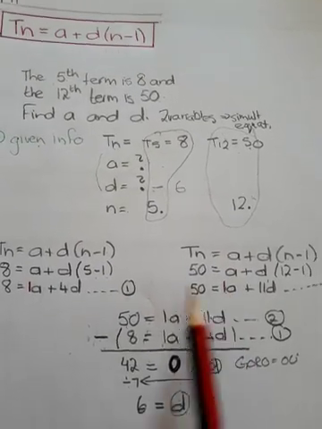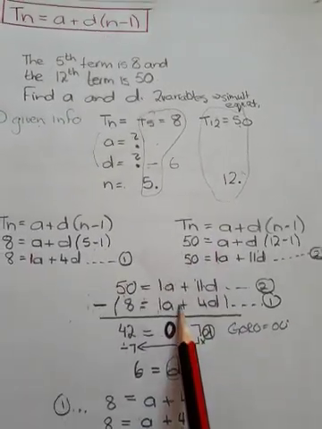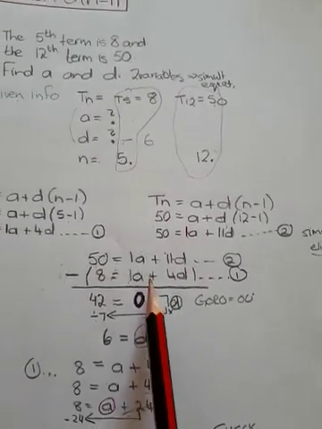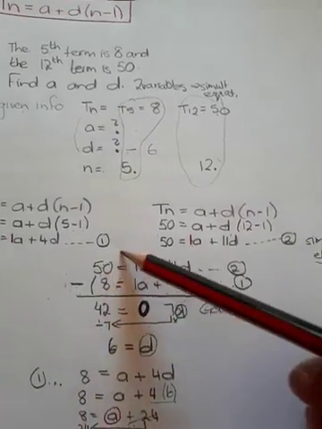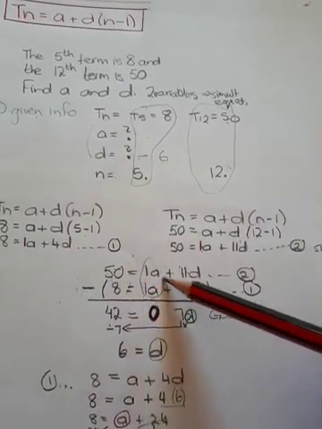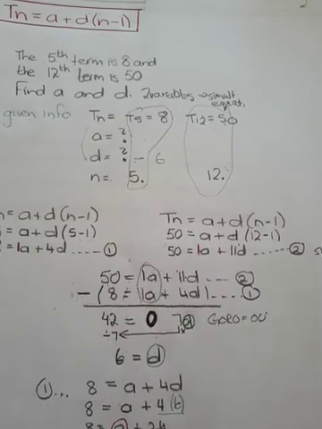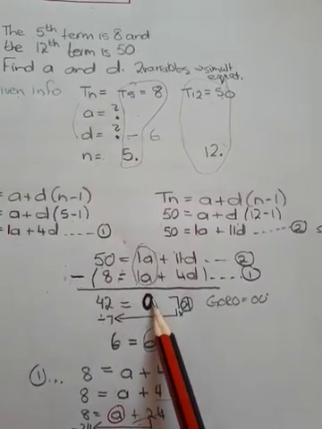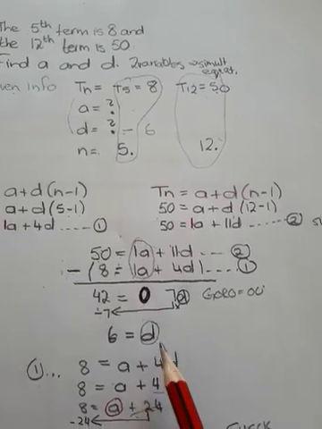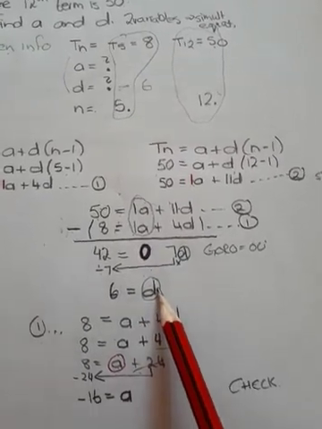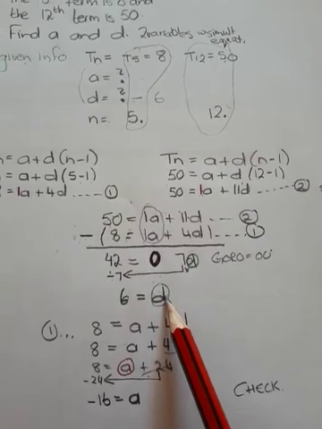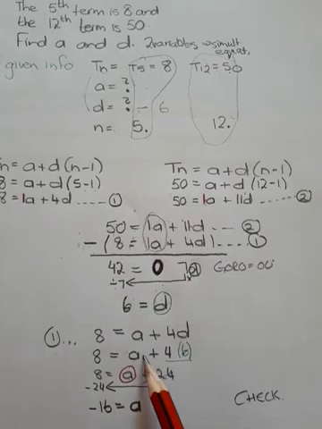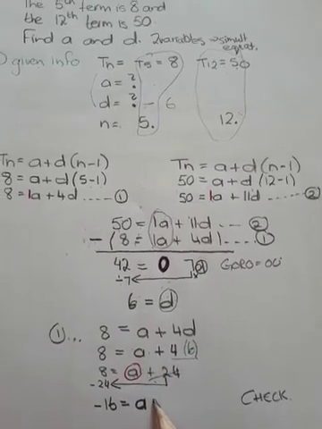You will then have two variables, which tells you that you must use simultaneous equations. In this case, we have used elimination because the coefficient of A is the same. Then we eliminate one variable. In this case, it was A. We can calculate D. In the next step, you substitute your first answer into one of the equations. For that, you can calculate the second variable.